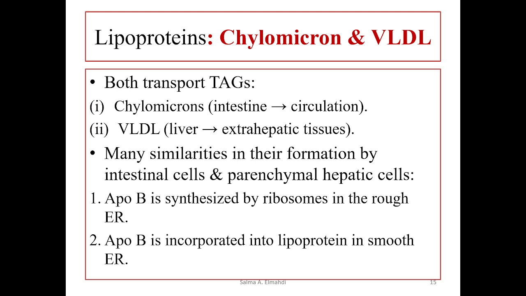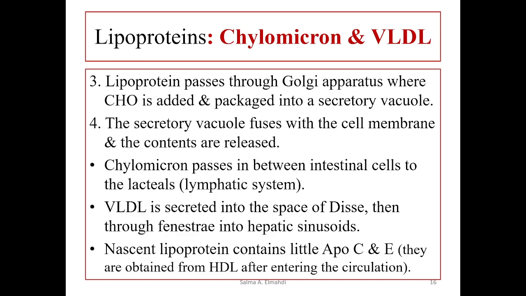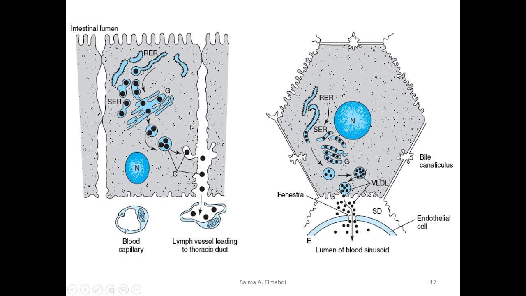The similarities include their synthetic pathway. It starts by synthesizing the lipoprotein. For example, here is an intestinal cell and here is a hepatic cell. The synthesis starts in the rough endoplasmic reticulum of ApoB100 or ApoB48, depending on whether it is in the intestine or in the liver.